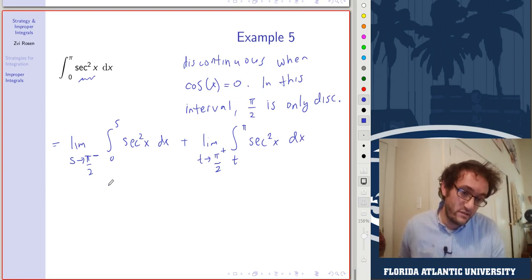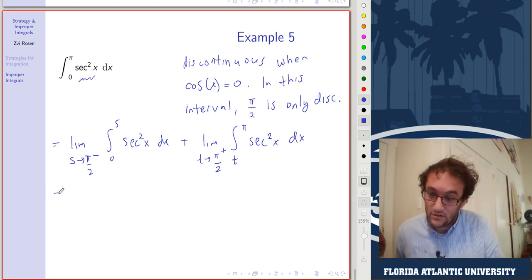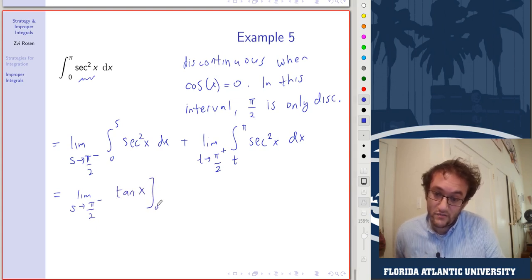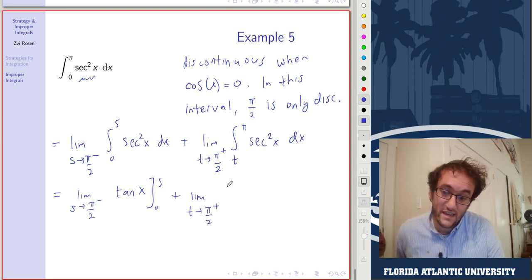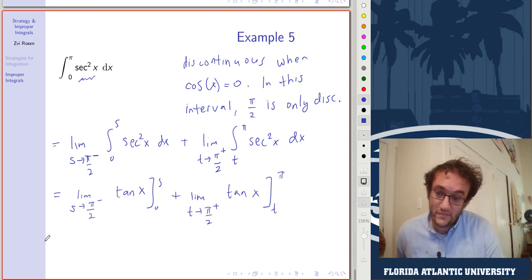And now this antiderivative should not be too hard to compute. We know it to be tangent. So we take tangent x evaluated from 0 to s, plus the limit as t goes to pi over 2 from the right side of tan x from t to pi.